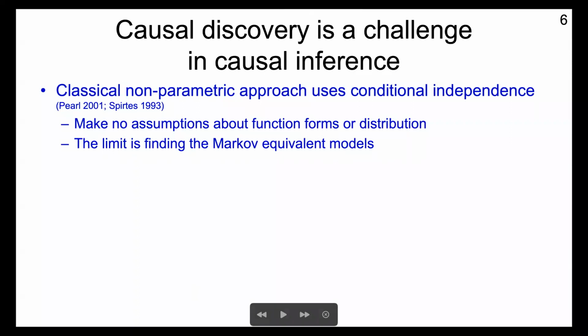So causal discovery is one of the challenges in causal reasoning. So the classical non-parametric approach uses conditional independence to infer causal graphs. The non-parametric approach makes no assumptions about distributions or functional forms, but it has a limitation.